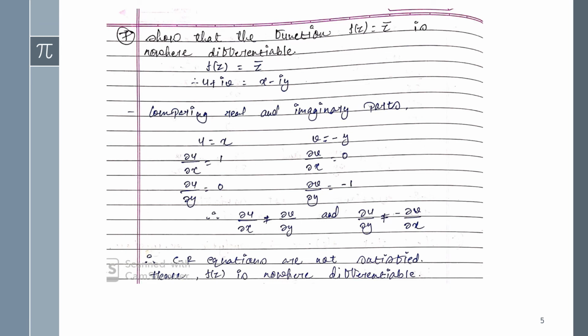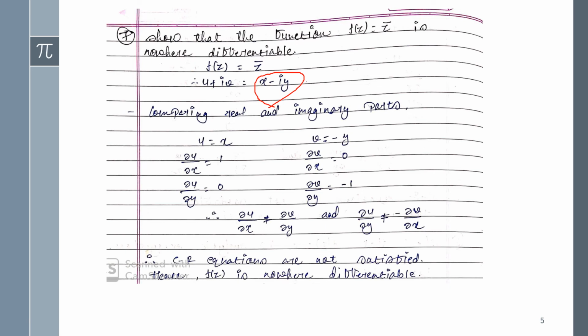You can see f of z is given as z bar, and z is x plus iy. So the conjugate of x plus iy will be x minus iy, as I have written here. Now comparing it with u plus iv, the real and imaginary parts, we get u equals x, v equals minus y.